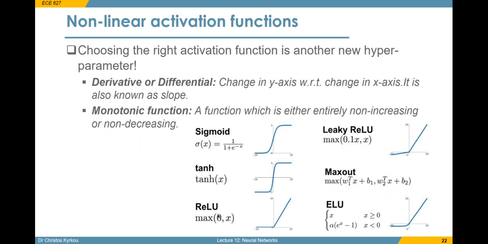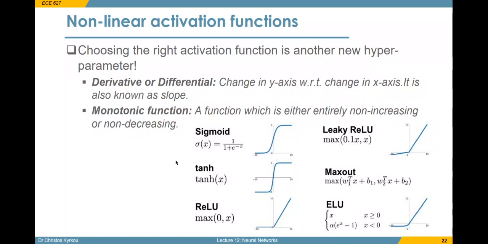So basically, we have the ReLU that only allows propagating positive values. The leaky ReLU, the max out, and the exponential LU. All these are basically of the same family with just different characteristics that we'll see in later lectures, and how they help in the learning process.